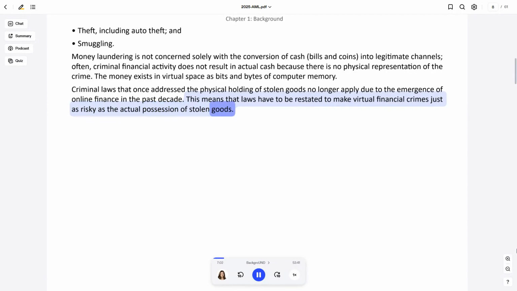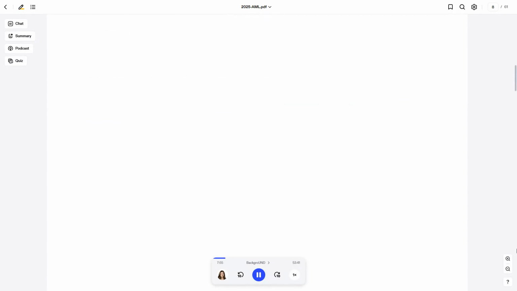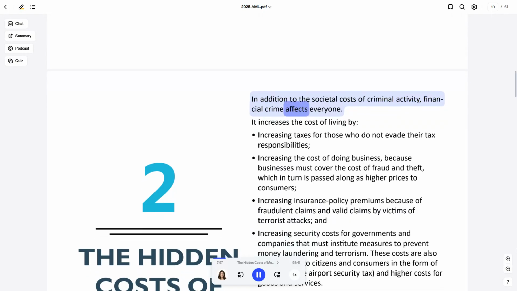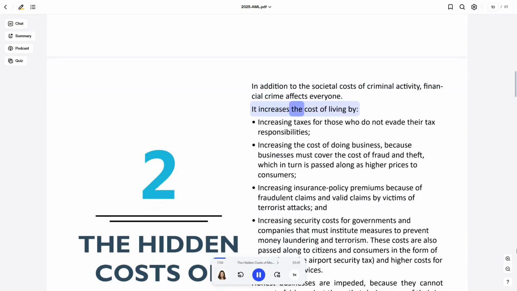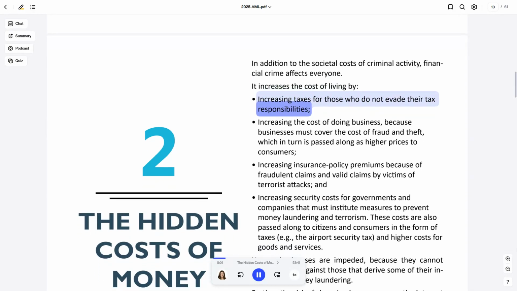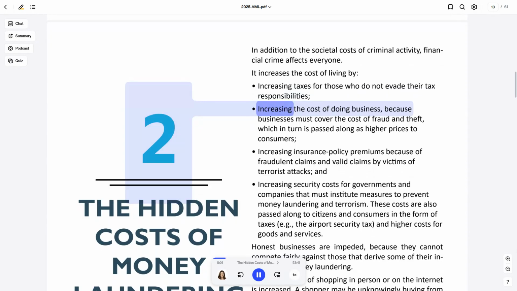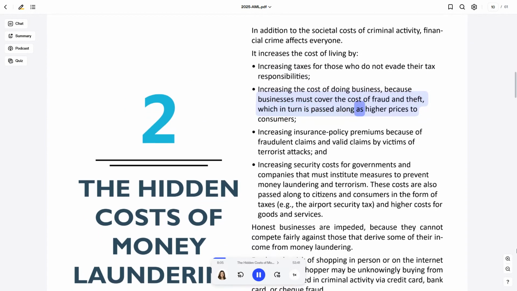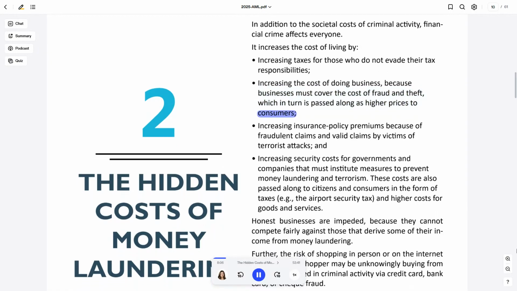In addition to the societal costs of criminal activity, financial crime affects everyone. First, it increases the cost of living by increasing taxes for those who do not evade their tax responsibilities. Second, it increases the cost of doing business, because businesses must cover the cost of fraud and theft, which in turn is passed along as higher prices to consumers.